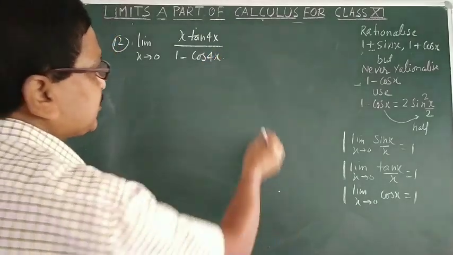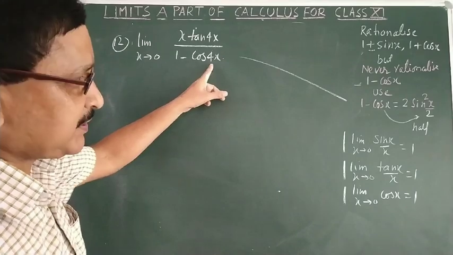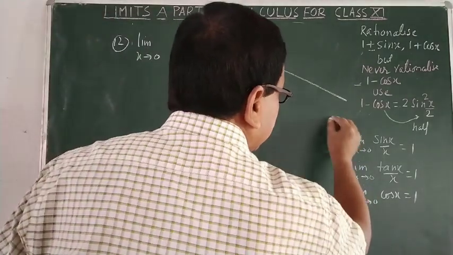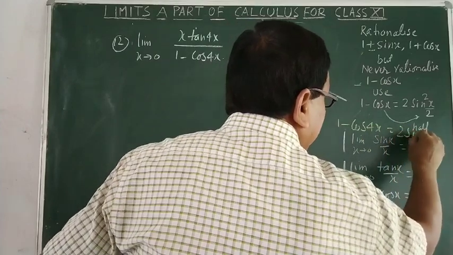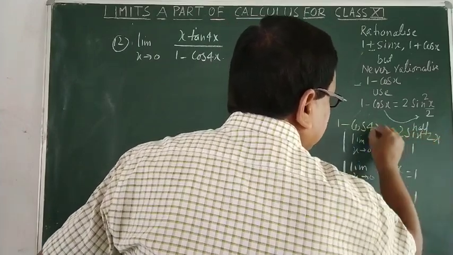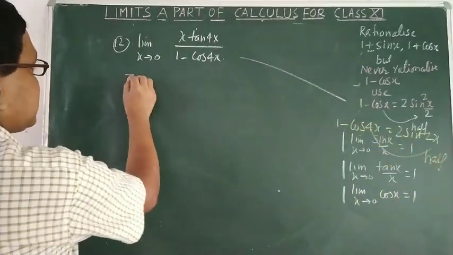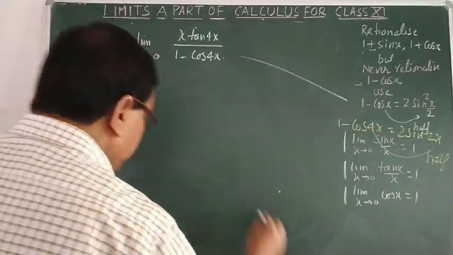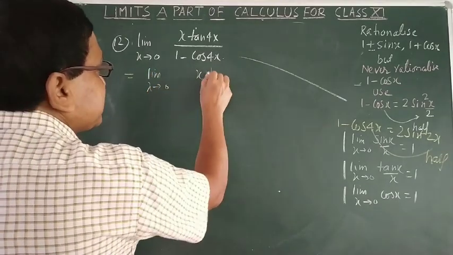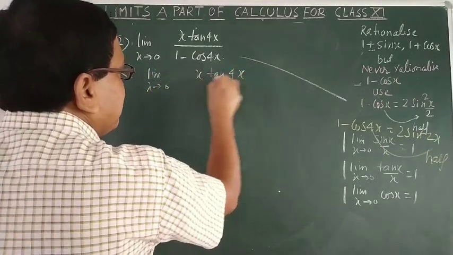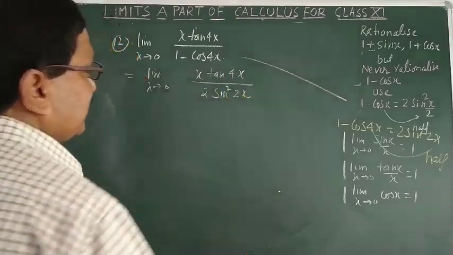Now students, once more this formula will be used, but with half of this. Just see, 1 minus cos 4x is equal to 2 sin square 2x, the half of 4x being 2x. So go ahead: limit x tends to 0, x tan 4x by 2 sin square 2x.